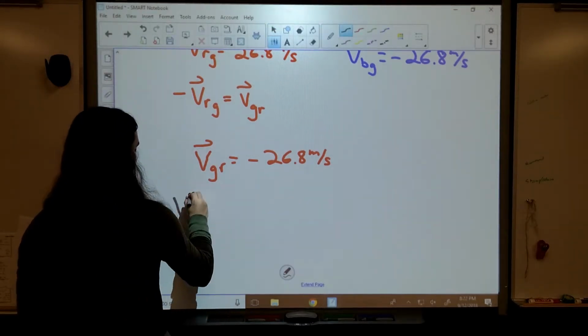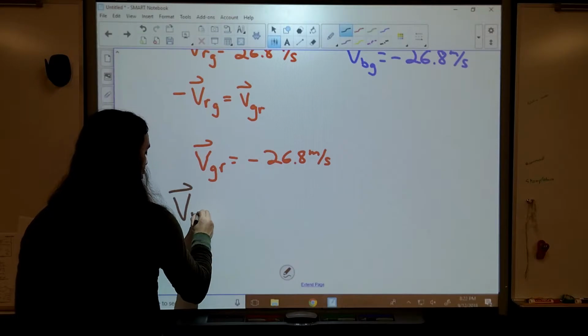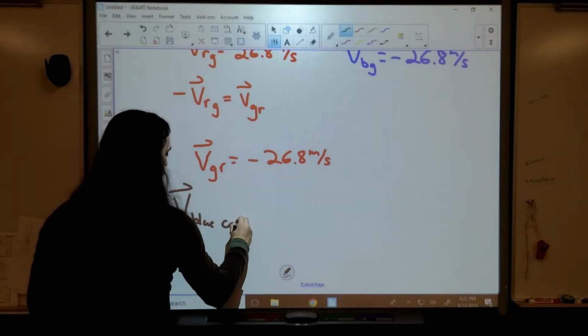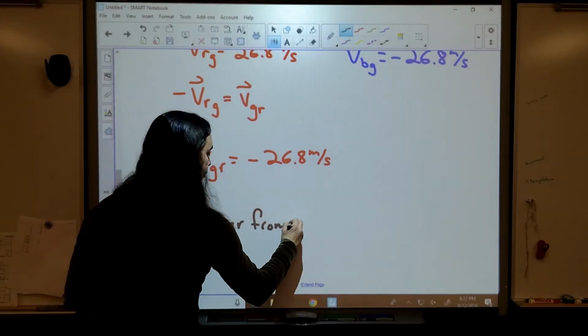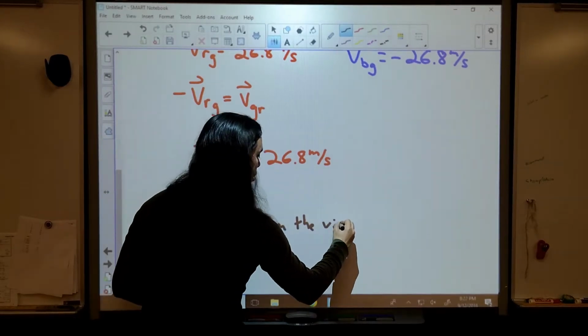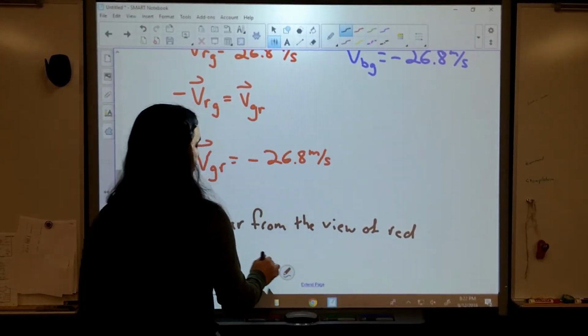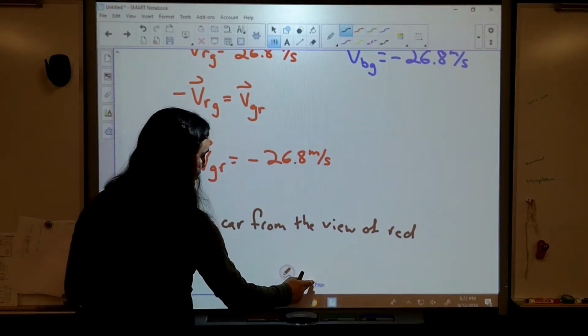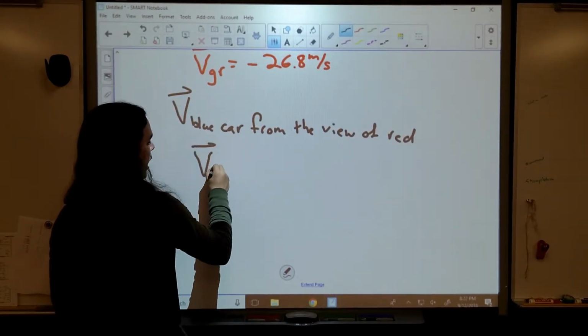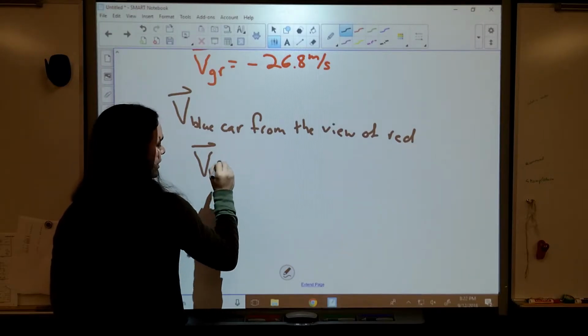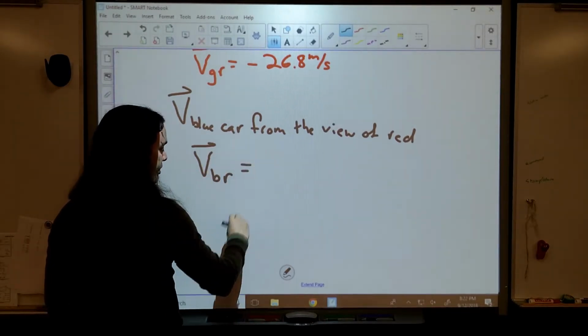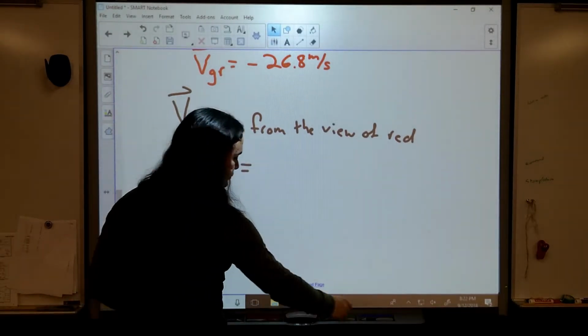I can find the velocity of the blue car from the view of the red, and I would define that vector as the velocity of the blue car with respect to the red car. And I could get that by doing the following.